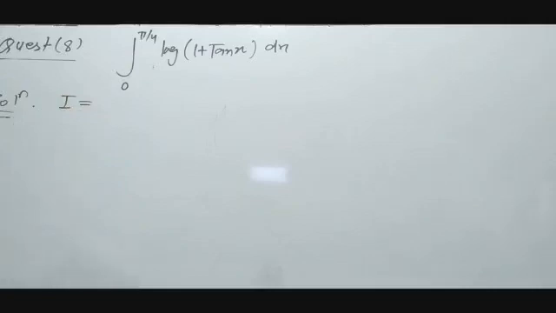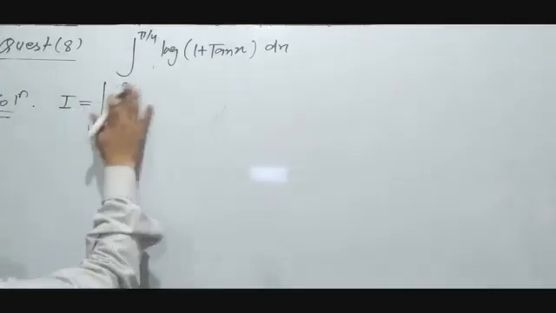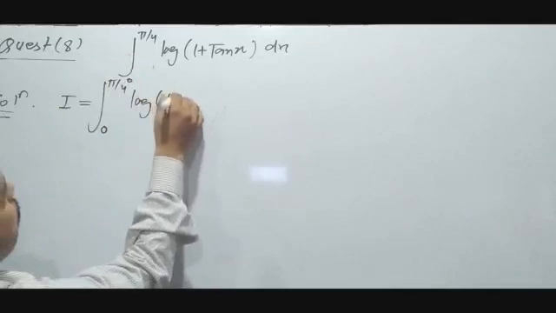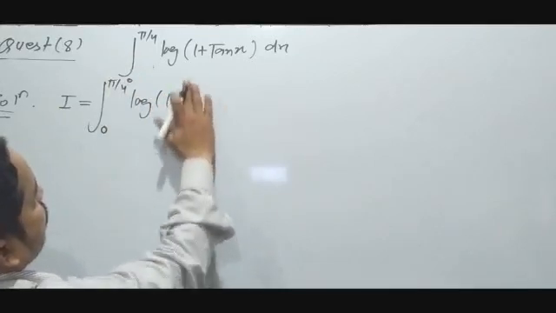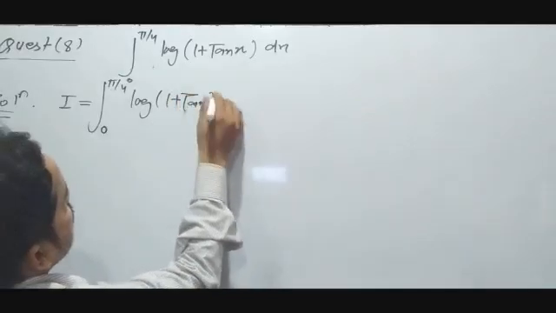Since the given integral I is equal to, we can write 0 to pi by 4 log of 1 plus tan x dx.